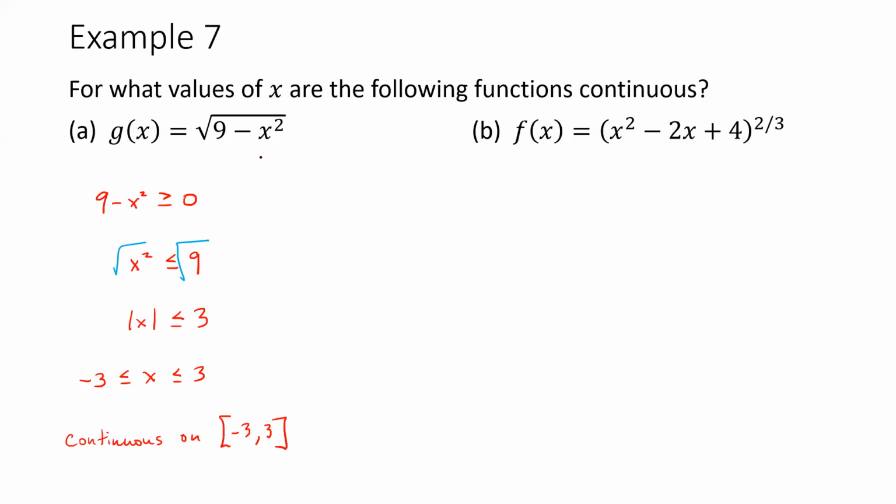Here's a hint. If I write y equals the square root of 9 minus x squared, and then I square both sides, I get y squared equals 9 minus x squared.